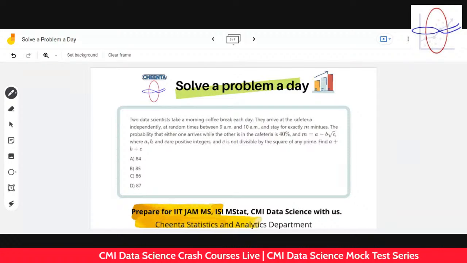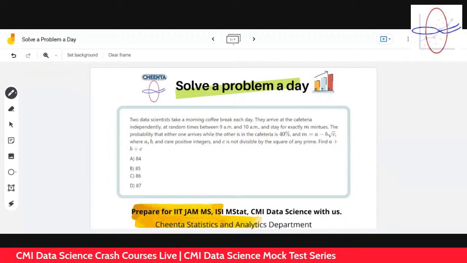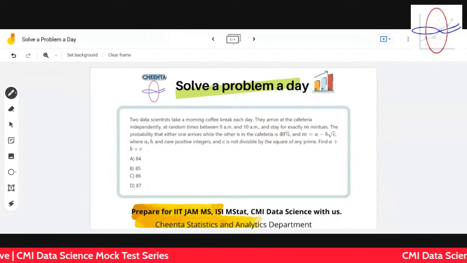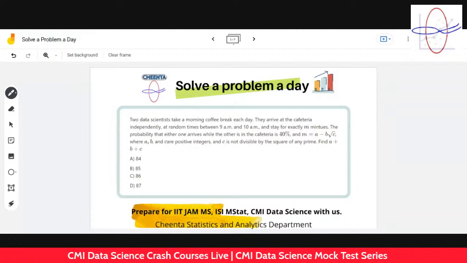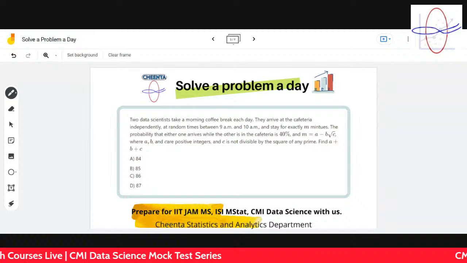Then you have to find m. That's the problem. So their probability of meeting is given, and they arrive between 9 a.m. and 10 a.m. You have to find how many minutes they stay. In fact, we will find the general formula. So let's find that right away.